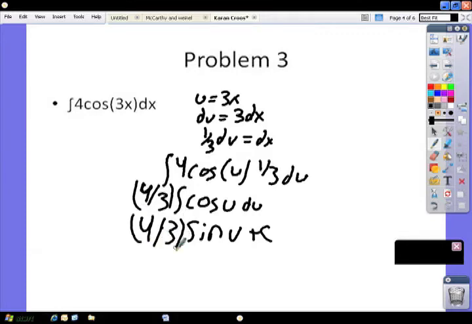Then replace back in the u for sine of 3x. So your answer should be 4/3 sine of 3x plus c.